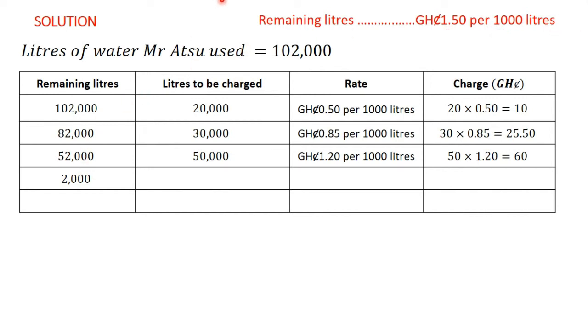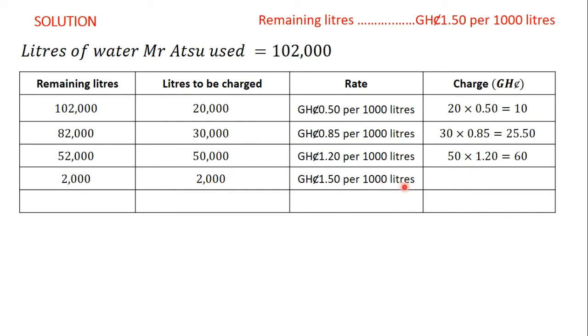So the next group is the remaining liters. We know that the remaining liters is 2,000. So it means that the liters to be charged is 2,000, and the rate is 1 Ghana cedi, 50 pesos per 1,000 liters. So for this group, 1,000 liters cost 1 Ghana cedi, 50 pesos. The liters to be charged is 2,000.